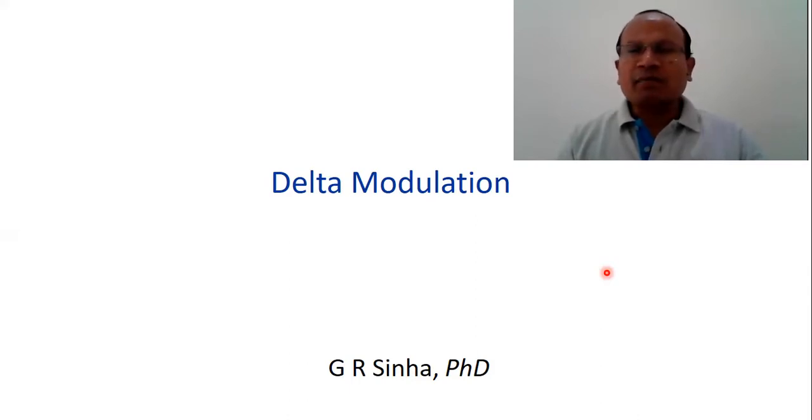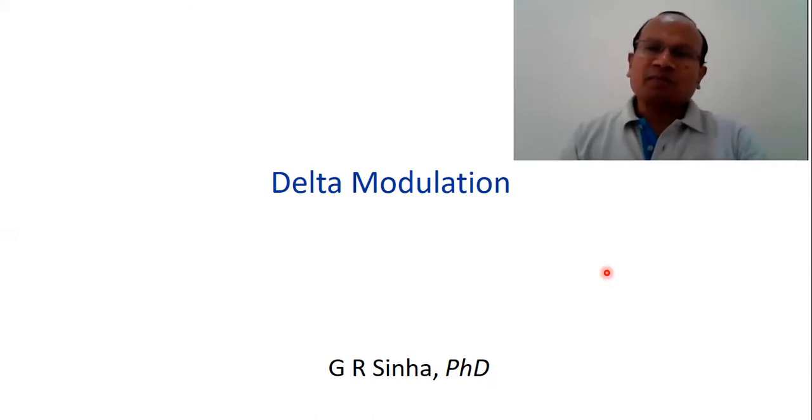We have studied in previous lectures about PCM, DPCM, and ADPCM. That is pulse code modulation, differential pulse code modulation, adaptive differential pulse code modulation. So delta modulation is the extended form of PCM.